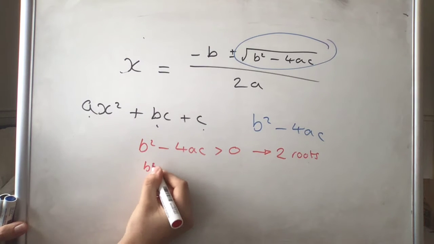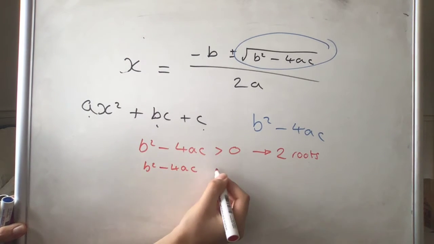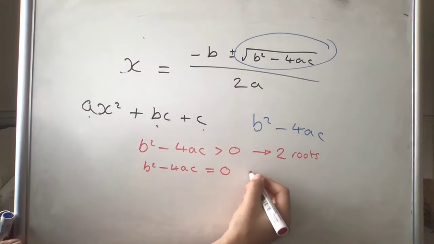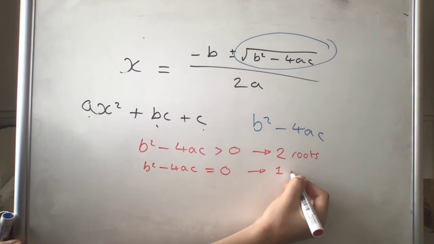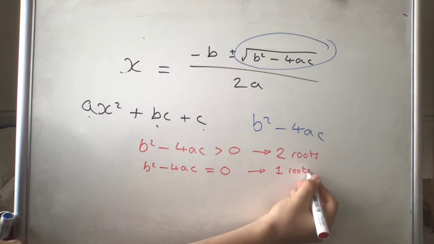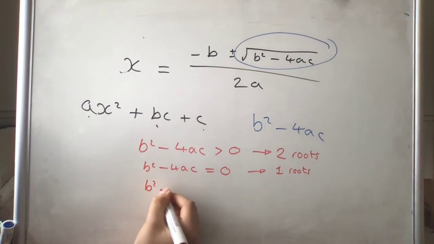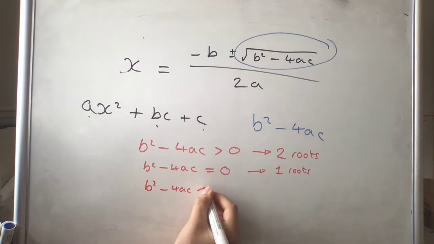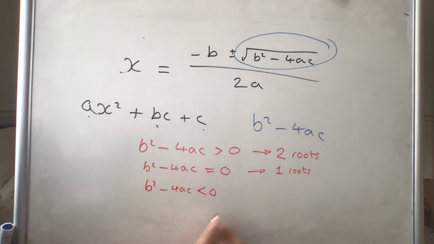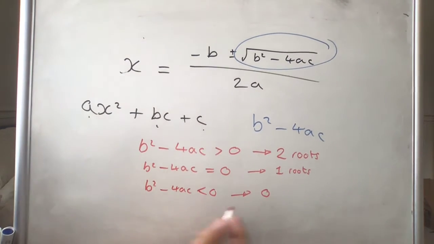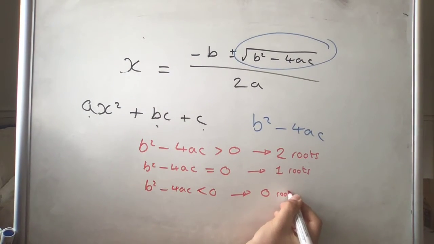If we have b squared minus 4ac equals 0, then we're going to have 1 repeated root. So it would just be 2 roots which are exactly the same, 1 repeated root. And then finally, if we have b squared minus 4ac less than 0, then that's simply going to give us no roots at all, okay? There's going to be no solutions to that.